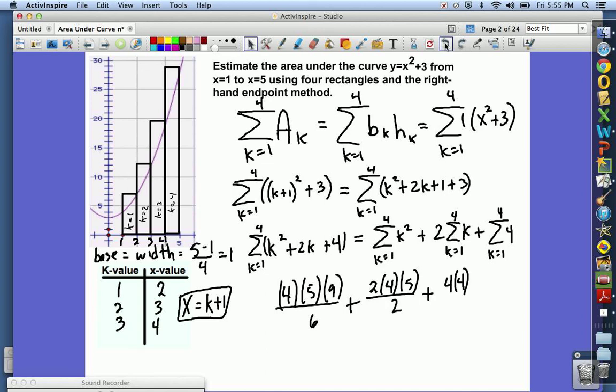And lastly, n times the constant, 4 times 4. Evaluate each expression: 30 plus 20 plus 16, and we get the value of 66. So 66 would be an overestimate, but we're going with that as the approximate area under the curve by approximating with 4 rectangles on the curve x squared plus 3.